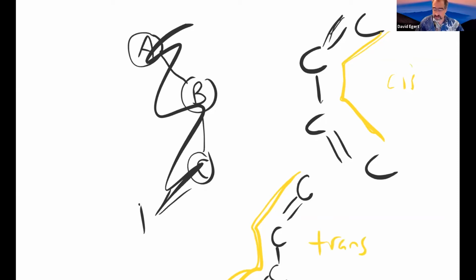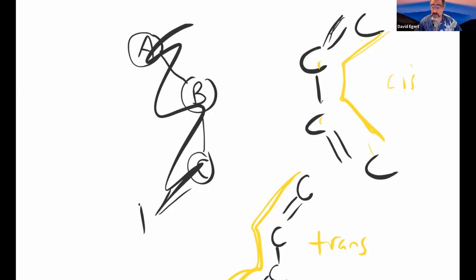So it's the exact same atoms with the exact same kinds of bonds, except one of them is flipped crossways and one of them is flipped on the same side. So physically, they take up space in a very different way. They're going to bind to active sites on enzymes in a very different way. It turns out our body didn't have enzymes that could easily work with these trans fats, because they were not normal things you would get from diet through the evolution of humanity.